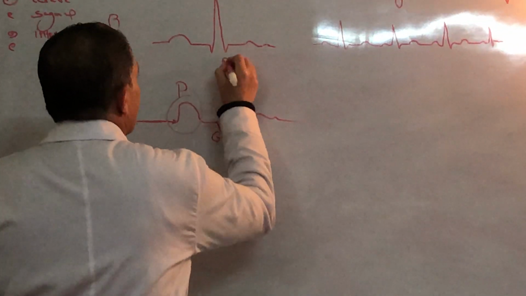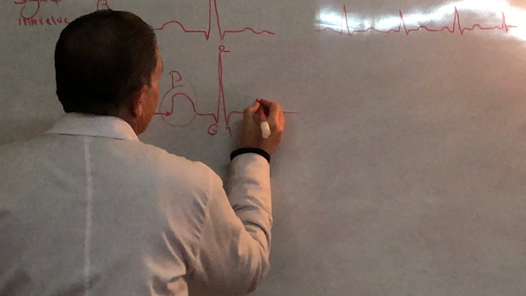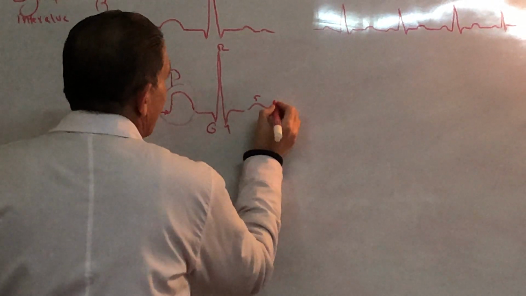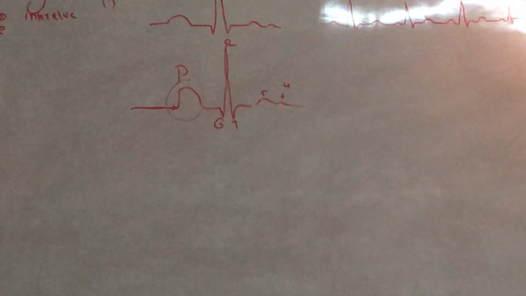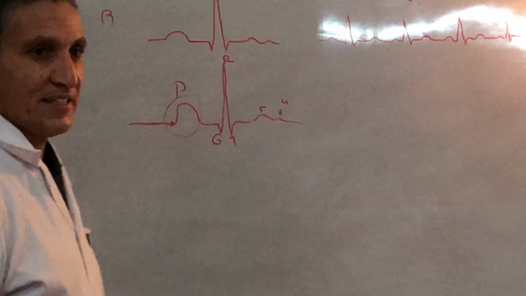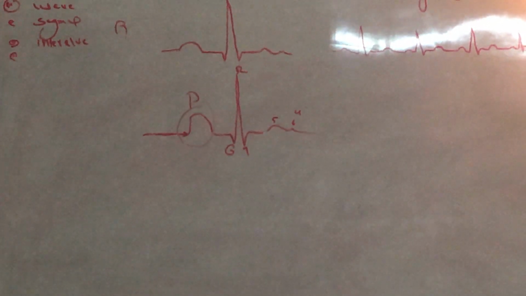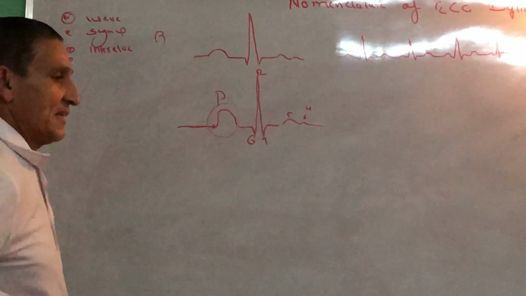The third wave is called R wave. The fourth wave is called S wave. The fifth one is called T wave. And the last one is called U wave. Remember, all these letters are arbitrary letters. They don't stand for anything. They are just arbitrary English alphabet letters.